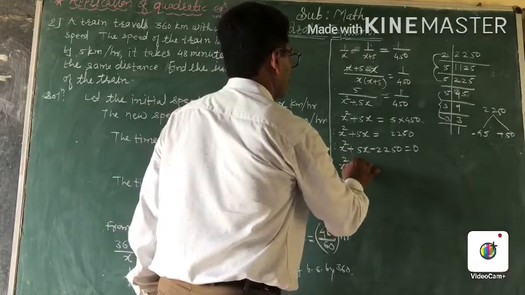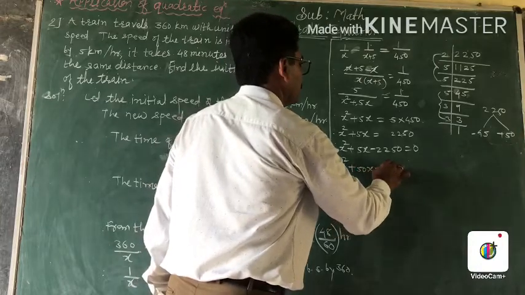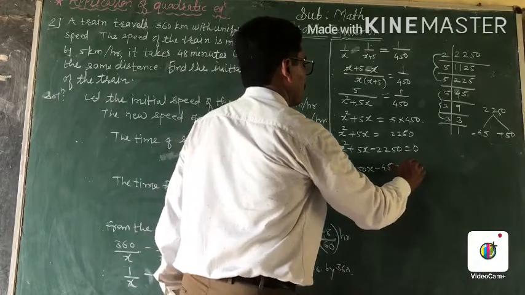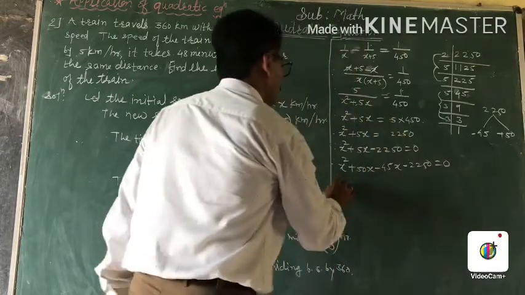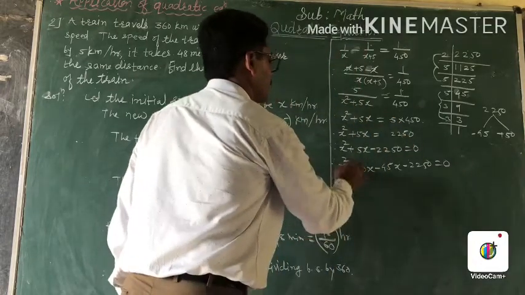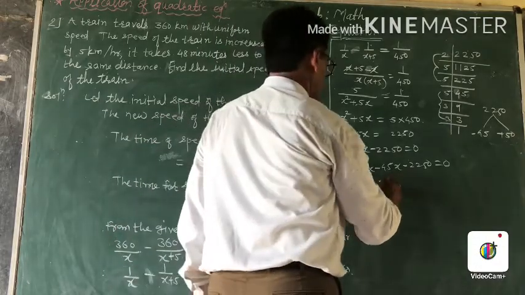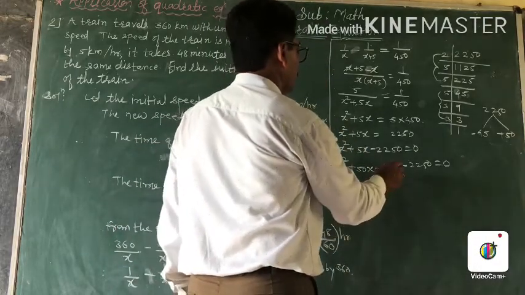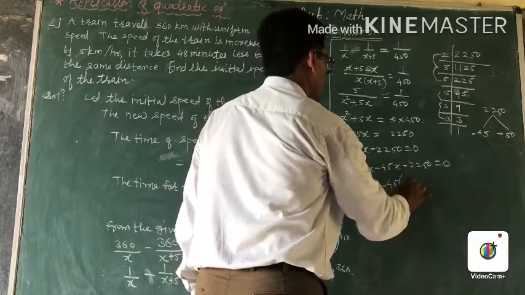x square plus 50x minus 45x minus 2250 equal to 0. Here is the common factor x plus 50, and taking minus 45 as a common, what is remaining?